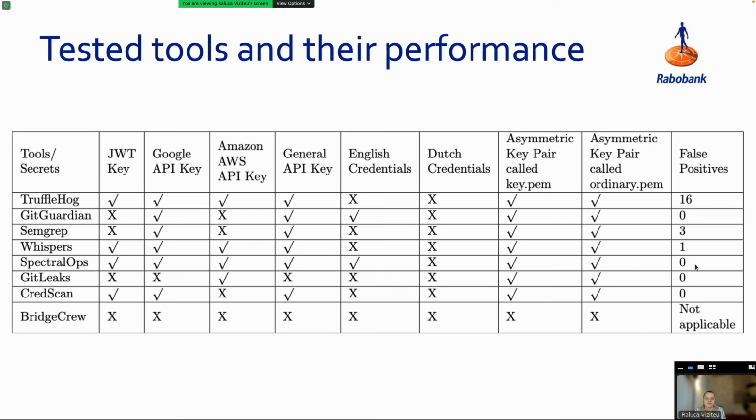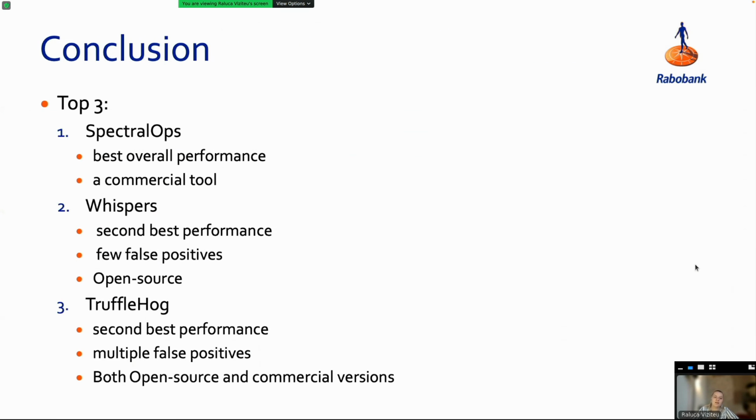Then this table gives an overview of the performance of the tools. As you can see, no tool found the Dutch credentials. It is not in the basic checks they do. Based on the results, my first recommendation would be SpectralOps, which gave the best overall performance. It is a commercial tool. It requires a key in order to run.